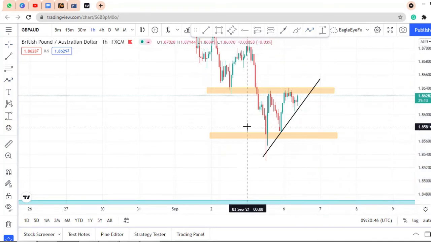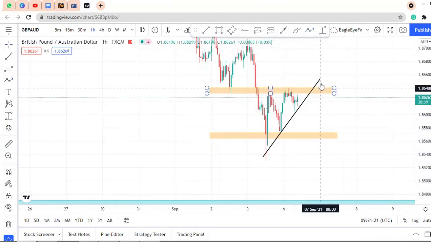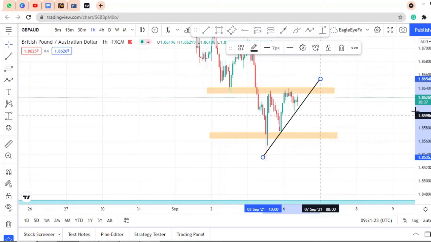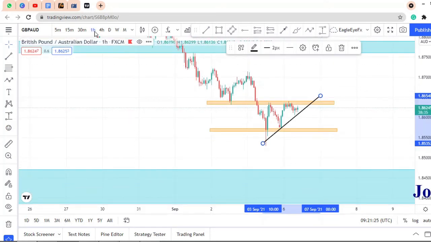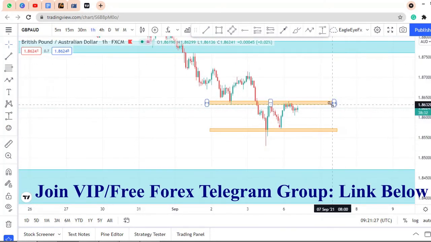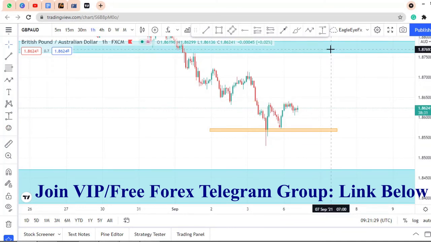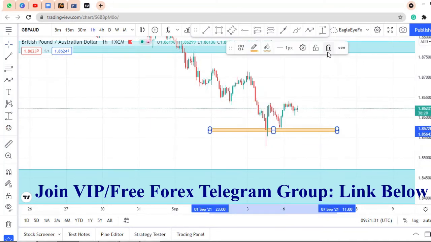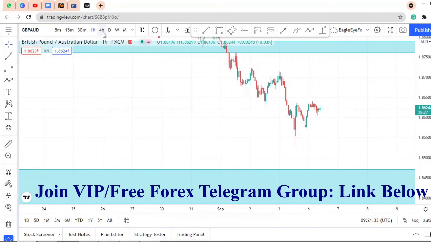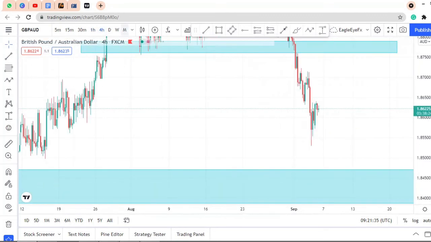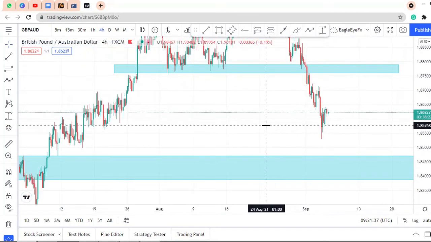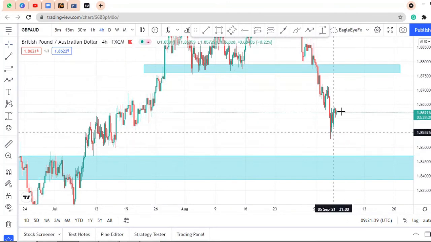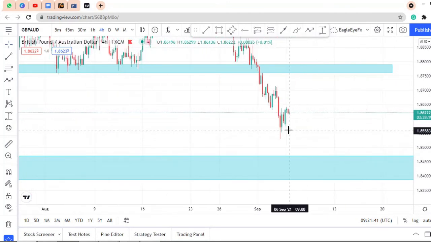All right, but what I said I'll do is to rather be patient, because I like using higher time frames to get confirmation, because it works perfectly for me. So from the 4-hour time frame, I'll rather wait to see how this market is going to play out.